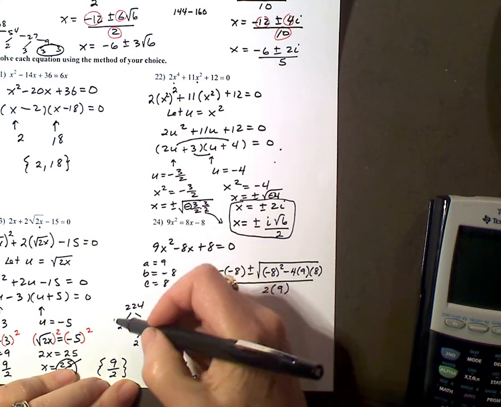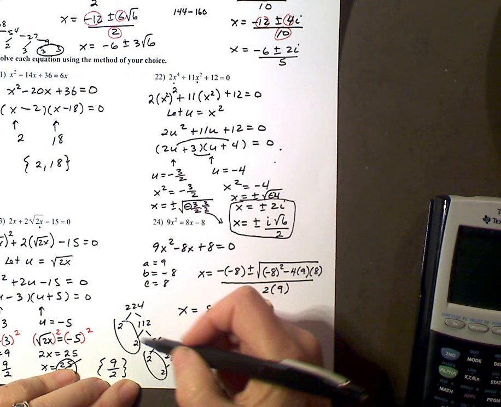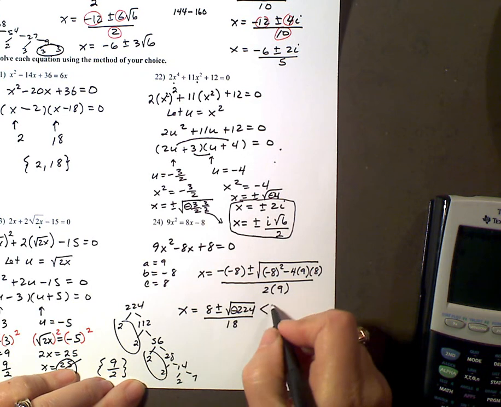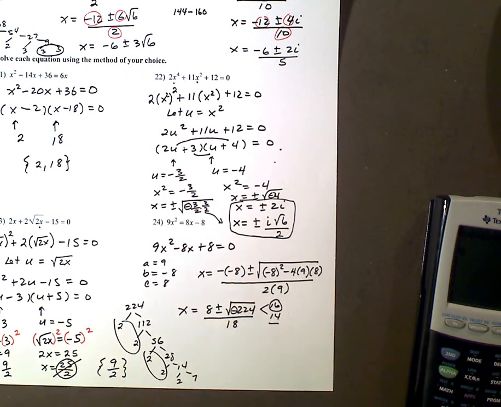So this is a perfect square, 4 times 4. So I have a 16 times 14. So 14 will stay in and a 4 will come out, I think. 56, 2, 28, 2 times 14, 2 times 7.